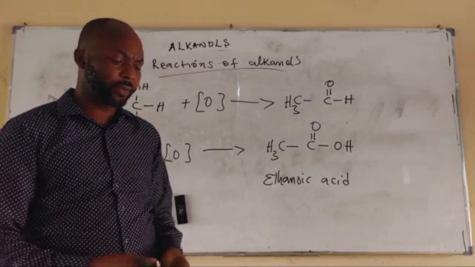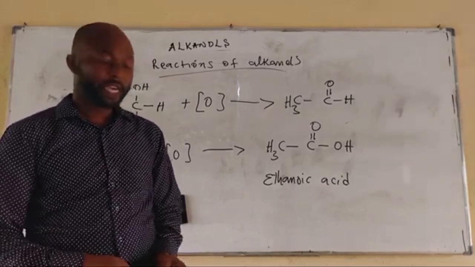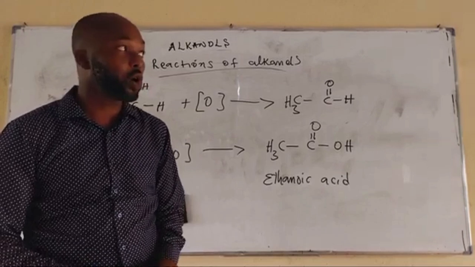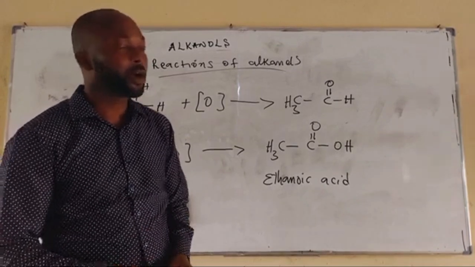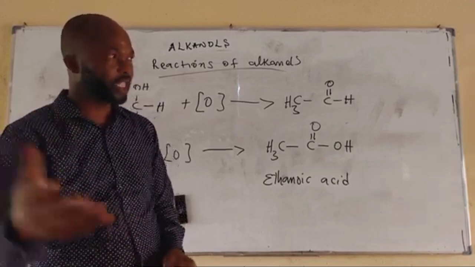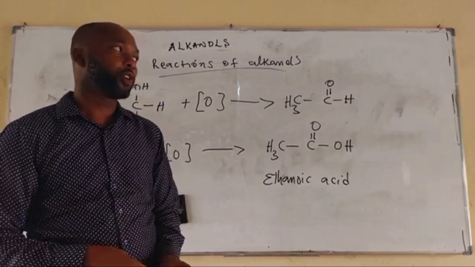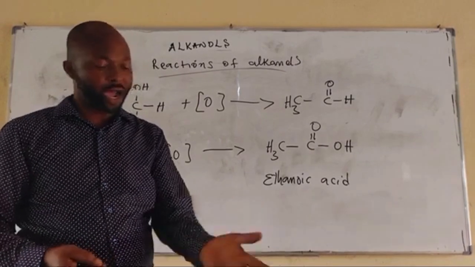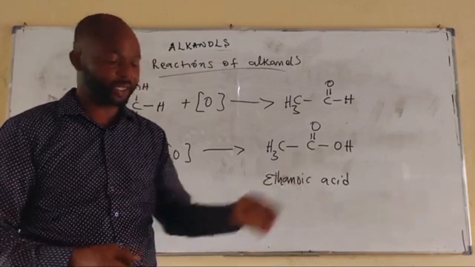Let's look at another reaction, which is esterification. Esterification is a reaction between ethanol and ethanoic acid in the presence of an acid catalyst, which is H2SO4, to give us ethyl ethanoate.